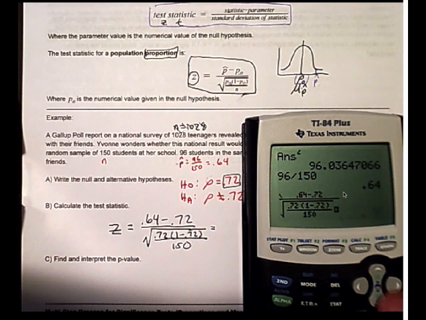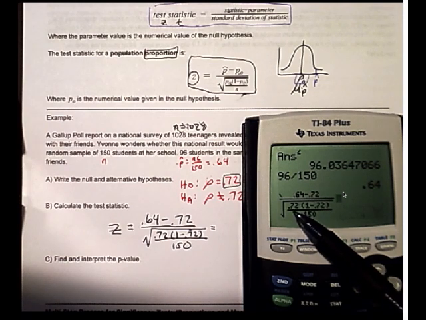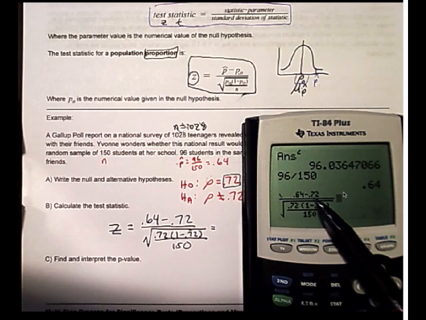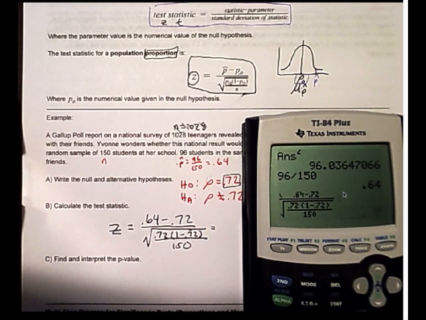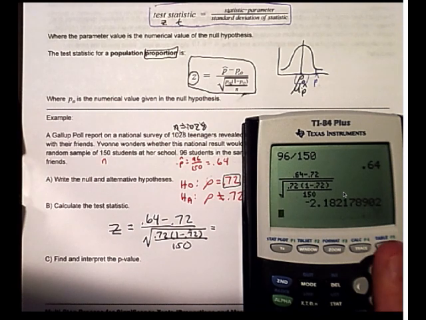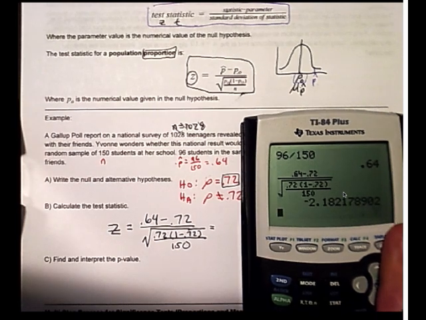Now before I hit enter, some common mistakes that students make, they'll put the 0.64 there. Okay, and you should not do that. It's the assumed center. It's what the rho actually is. Okay, so we're assuming rho is 0.72. All right, just hit enter there. So my test statistic would be negative 2.182.